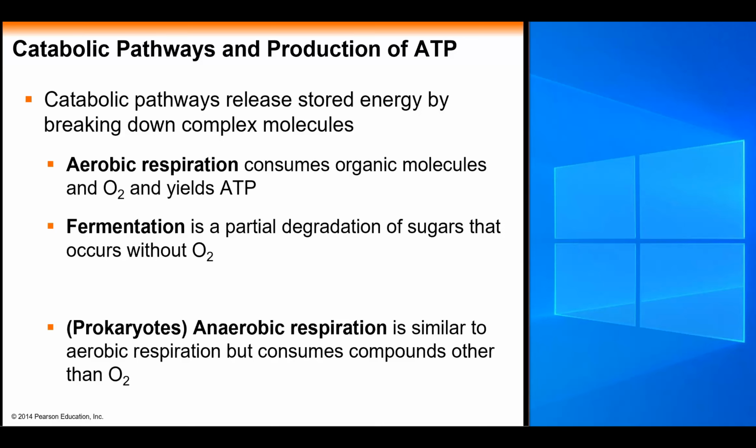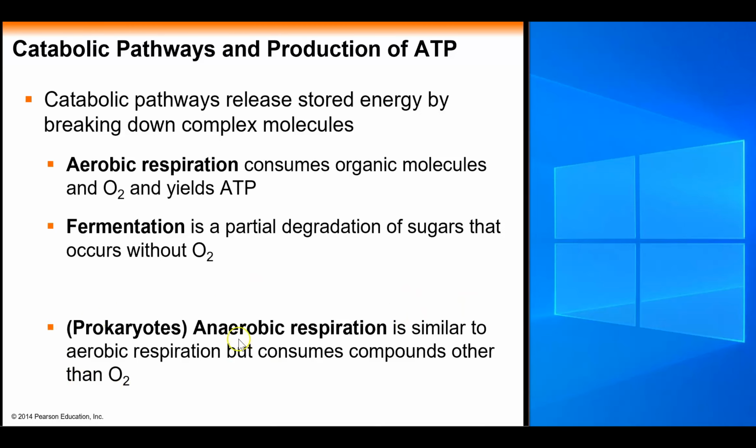If oxygen is not available, some organisms have the ability to turn to fermentation. In this case, you only have a partial degradation of sugars to make a little bit of ATP, and this can happen if there is no oxygen available. Both of these, aerobic respiration and fermentation, can take place in both prokaryotes and eukaryotes. Our last option here is reserved just for prokaryotes.